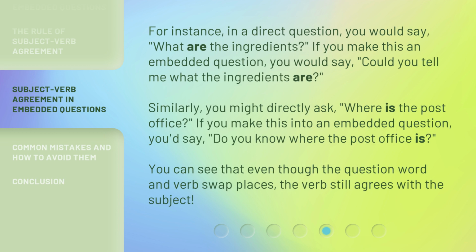If you make this an embedded question, you would say, "Could you tell me what the ingredients are?" Similarly, you might directly ask, "Where is the post office?" If you make this into an embedded question, you'd say, "Do you know where the post office is?" You can see that even though the question word and verb swap places, the verb still agrees with the subject.